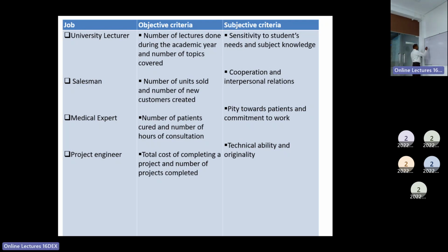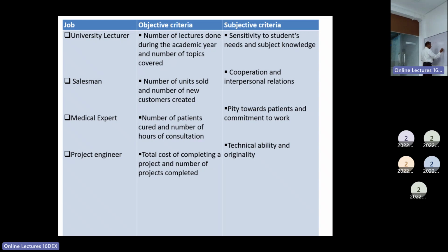For example, if the number of units sold is more than, let's say, 100, we call it excellent. If it is 81 to 100, we call it good.